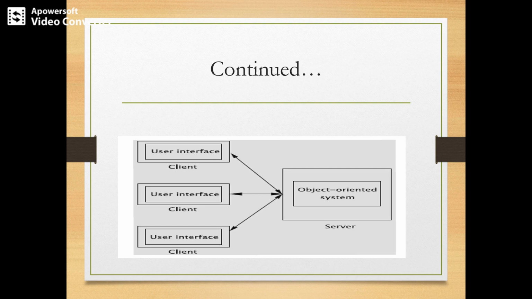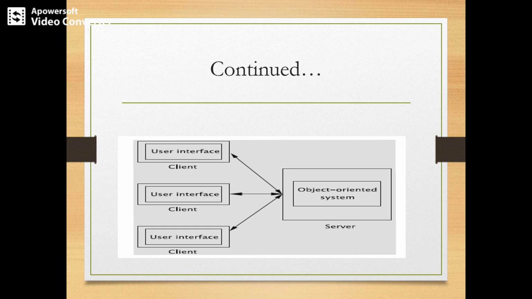In this figure, we have a system with one server and three clients, each client running a program that provides a user interface, which may or may not be a GUI, graphical user interface.